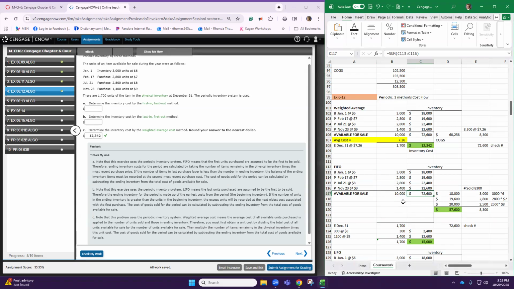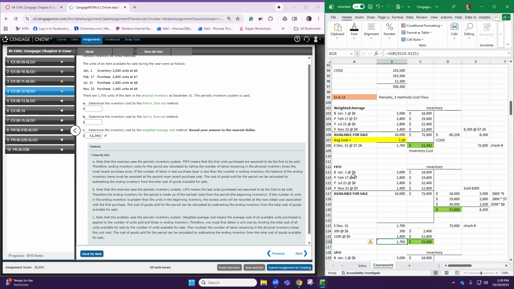Actually, you don't need to divide. This isn't weighted average. Sorry about that. What I want to explain is there are 1,700 units still in inventory. That means we sold 8,300 units. So it doesn't matter. They really want to know how much these 1,700 units that are still in inventory are worth.